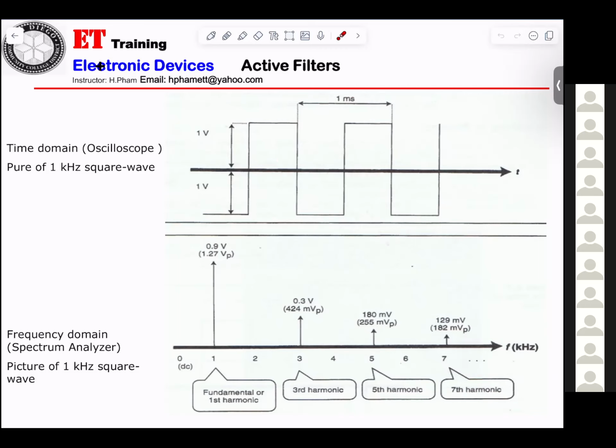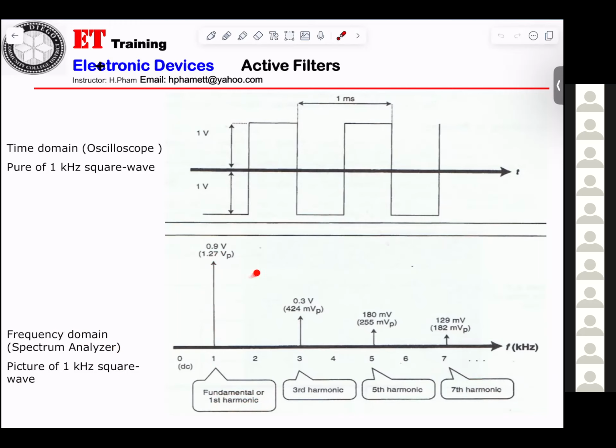However, you can see what the difference. Frequency domain spectrum analyzer for 1 kilohertz square wave. So the first thing you can see, they display fundamental 1 kilohertz. Look like this one. Do not see a square wave or sine wave.